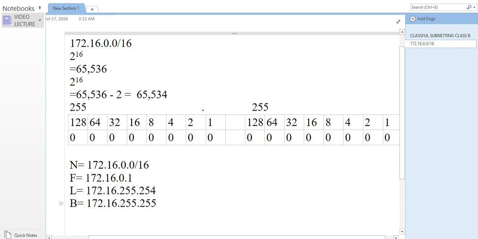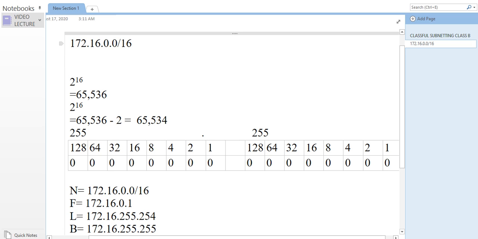So the subnet mask here, because we have 16 bits that represent the network. So how do we get this? You can actually do this. 16 bits represent the network, it's like 1, 2, 3, 4, 5, 6, 7, 8 dot 1, 2, 3, 4, 5, 6, 7, 8.